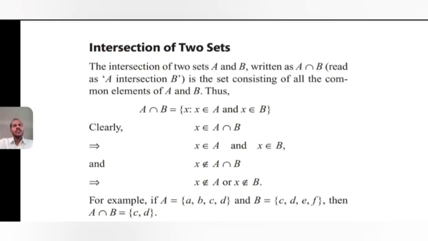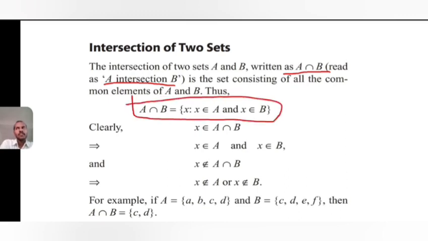The intersection of two sets A and B is written as A intersection B, and it is read as A intersection B. It is a set consisting of all the common elements of A and B. Then we write it as A intersection B equals {x such that x belongs to A and x belongs to B}.